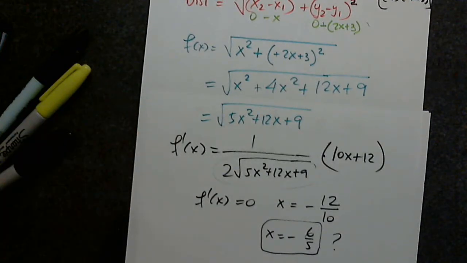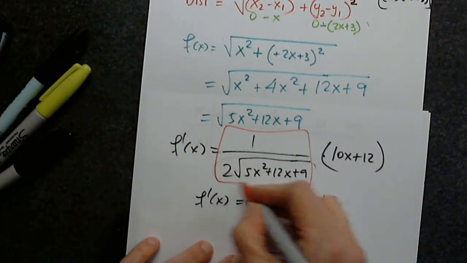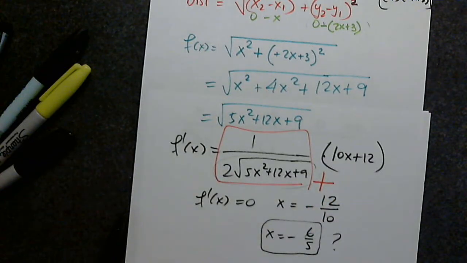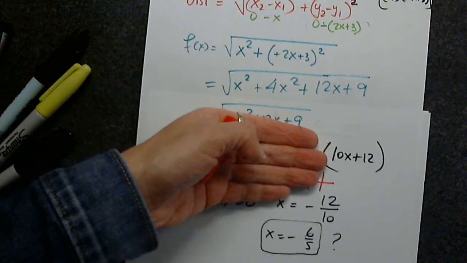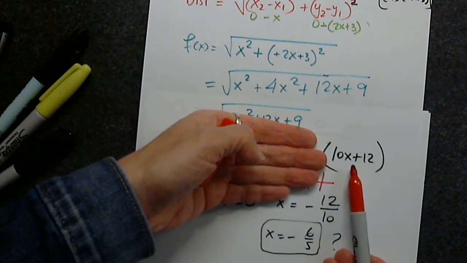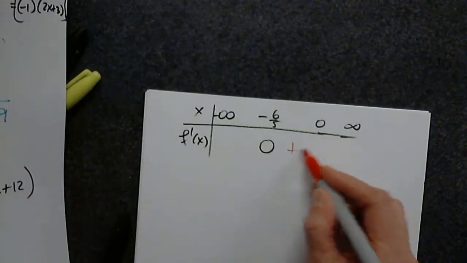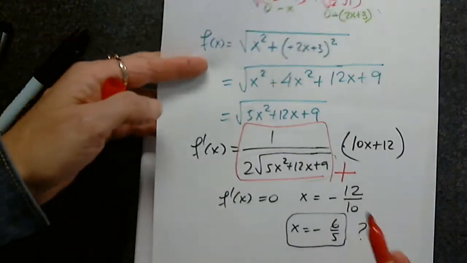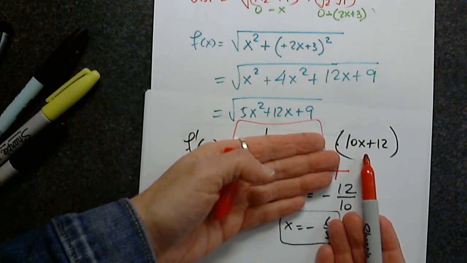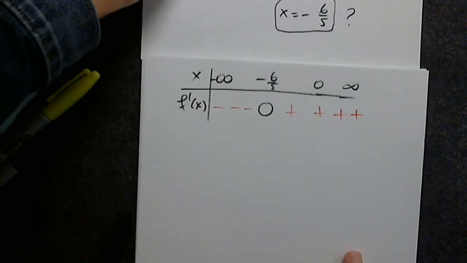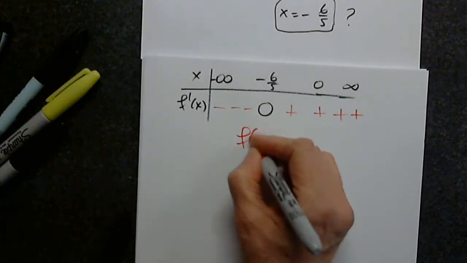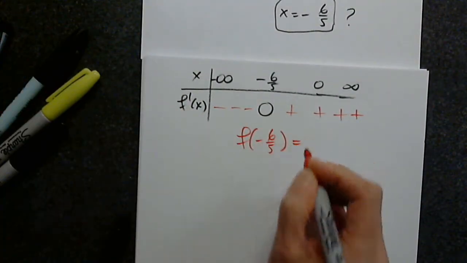Is there a point of studying the sign of this quantity? No point. It's the square root. 2 in front, this will always be positive. Forget about it when it comes to the sign. Now I want to plug in 0. What do I get? Positive. Now I want to plug in negative 10. Now this is guaranteed that f of negative 6/5 will be a minimum.